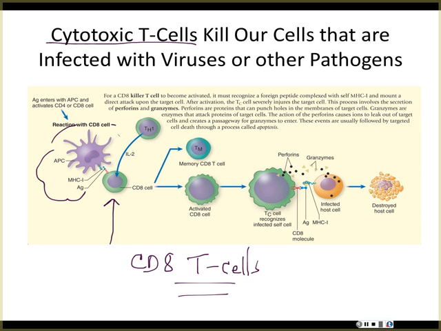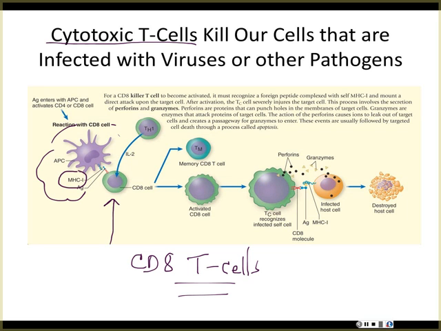They have CD8 instead. Also, their T cell receptors attach to little antigen pieces that are inside MHC class I proteins. Helper T cells see antigen pieces inside MHC class II. These guys see MHC class I, like they're showing you here on the diagram.